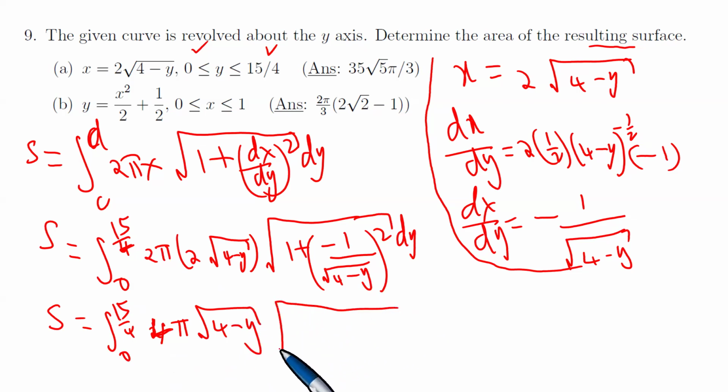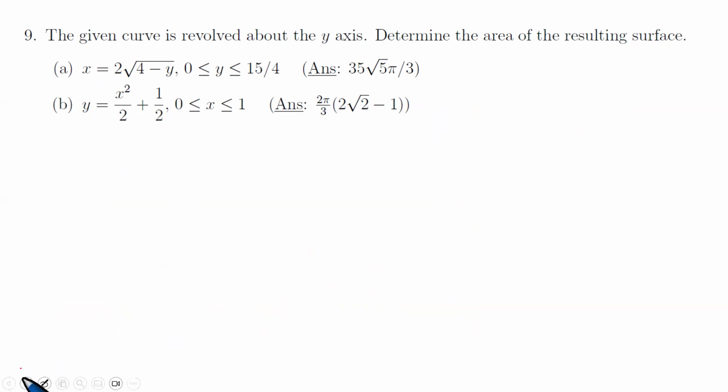Under the radical sign, we have 1 plus 1 divided by 4 minus y. This is the area of the surface, but with dx/dy, because we've been given x, and you have exactly a dy. Let us continue and deal with this.